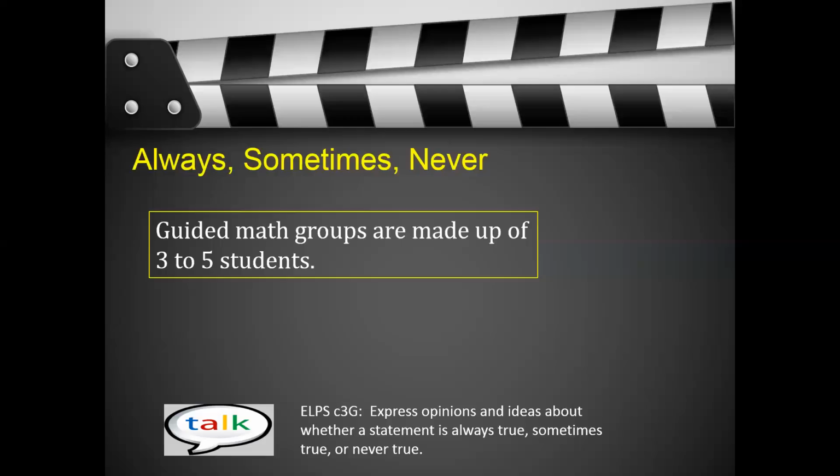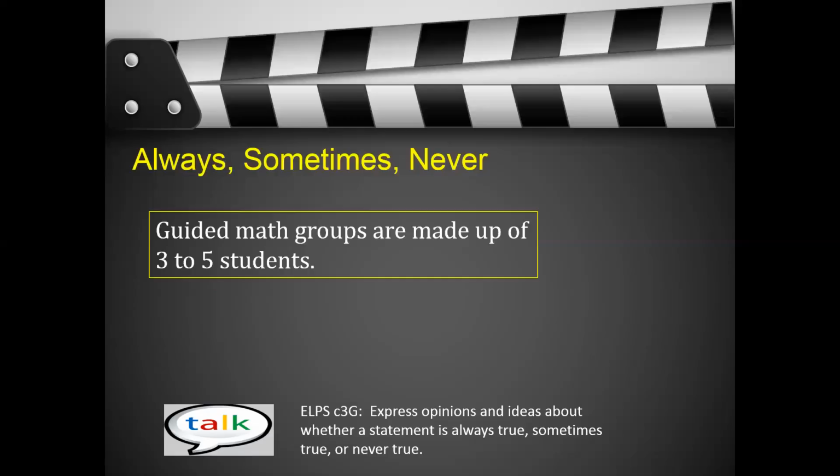Now I know none of you out there is going to tell that student, I'm sorry, you cannot come in here because I've got my groups perfect and I cannot go over 5. So what you're going to do is say, yes, you can come on, and you're going to make a group of 6. But what we're going to be very mindful of is that we're never going to go over a group of 6, because once you go over a group of 6, you have a small class, not a small group. So just remember that.